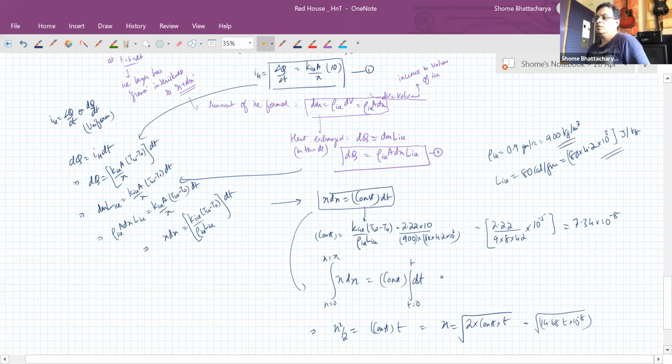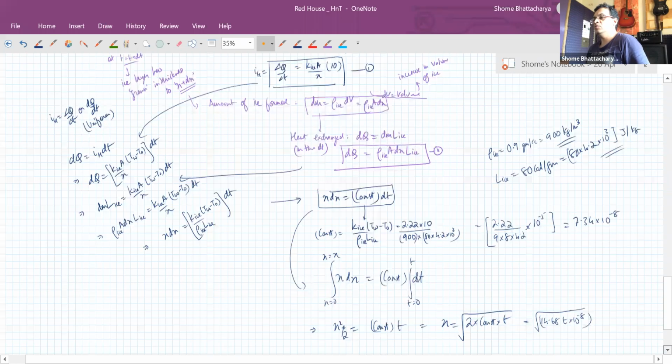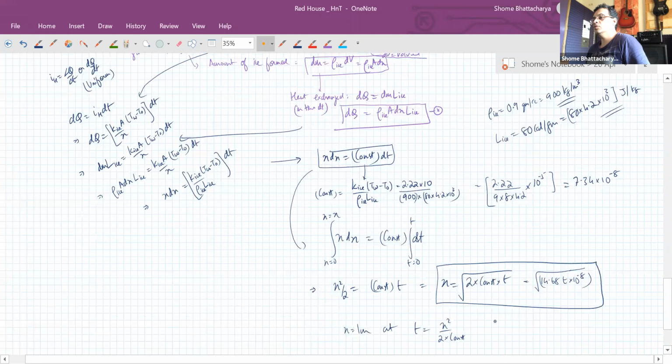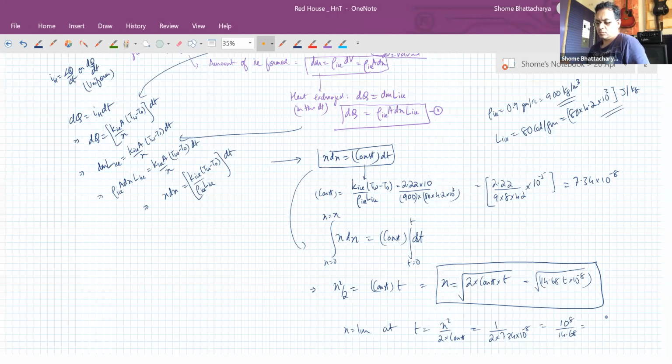So this is this equation, x as a function of time. And more importantly, x is equal to 1 meter at t equal to this, so these many seconds.